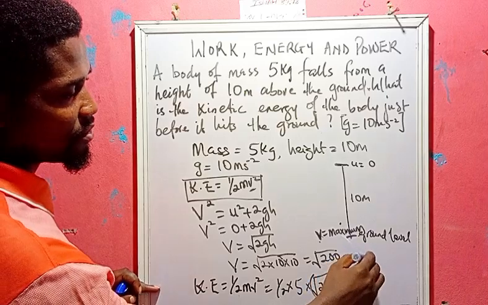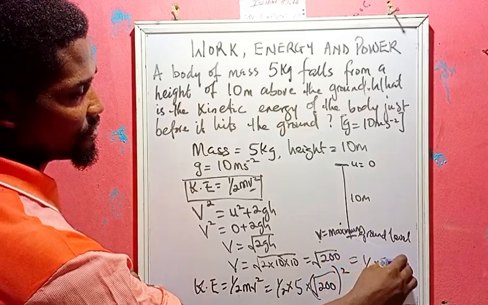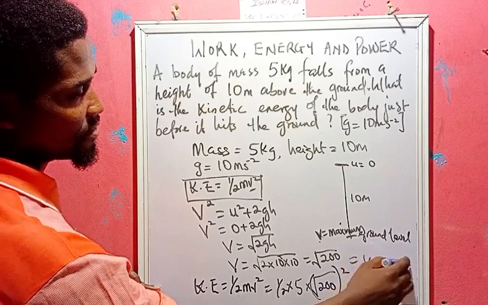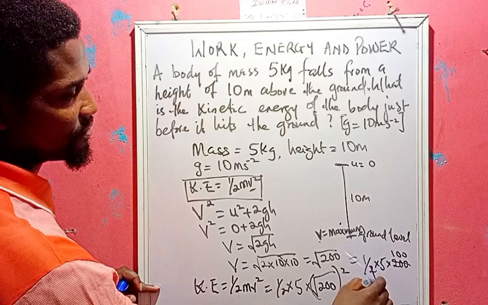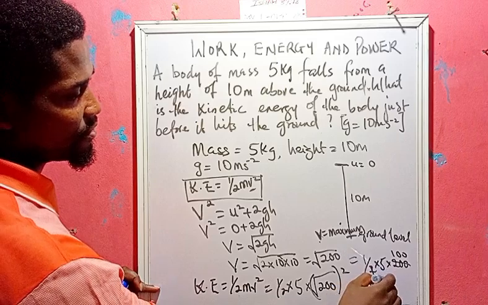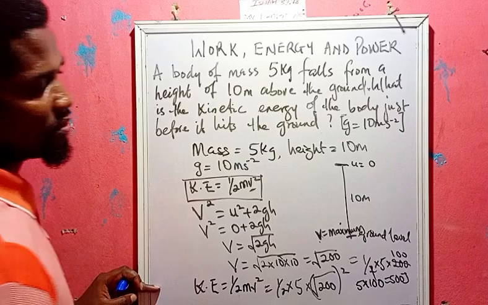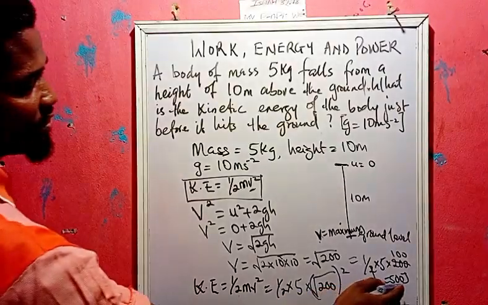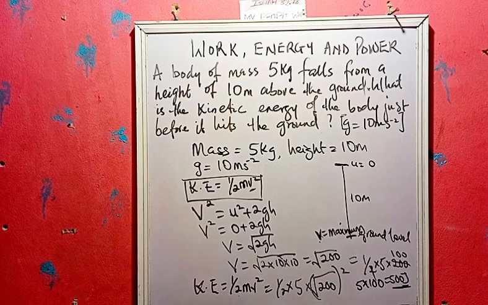So we'll have 1/2 times 5 times 200. The 1/2 cancels with the 200 to give 100. So we'll have 5 times 100, which leaves us with 500 joules. That gives us the kinetic energy with which this body will strike the ground.